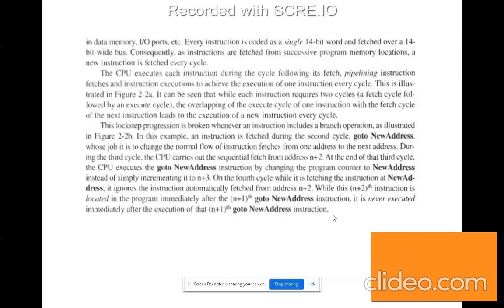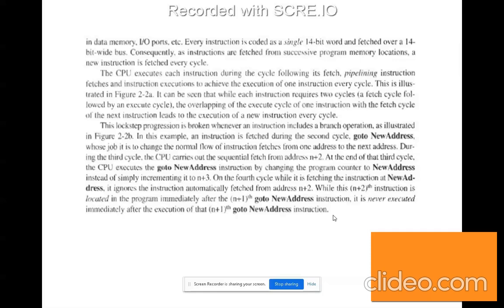I will show that. Wait. It can be seen that each instruction requires two cycles, that is fetch, followed by an execute cycle. So for executing a single instruction these two processes are involved. For fetching you need one cycle and for executing you need another cycle. So two cycles are required for executing a single instruction.